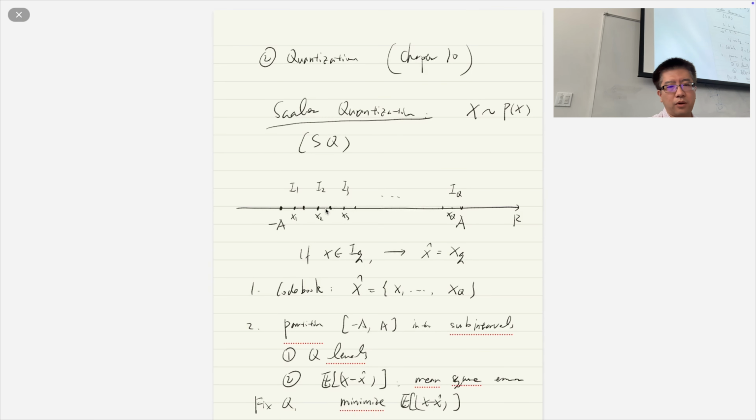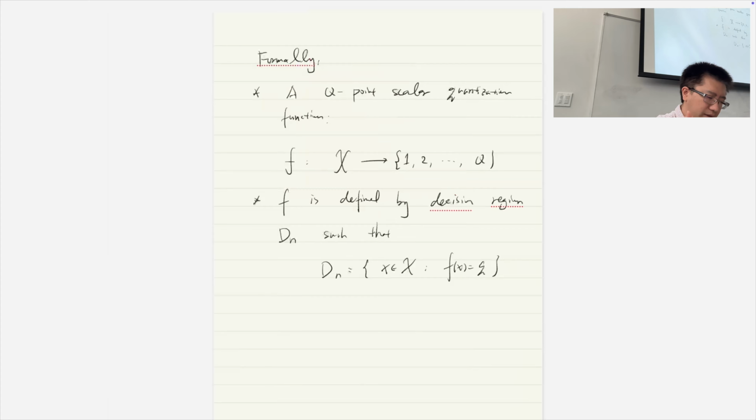For this example, D1 would be this, and D2 would be this, and so on. Maybe I need a speaker next time. And this is the f.